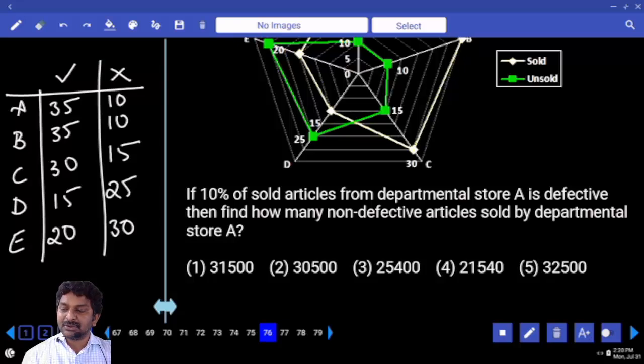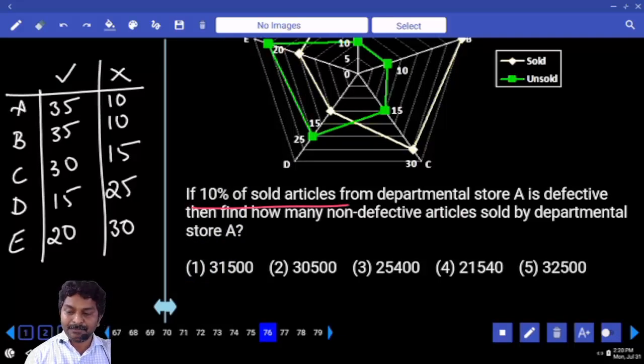Now, if 10% of the sold articles from departmental store A are defective, then find how many non-defective articles are sold by departmental store A. So out of sold items only they are talking about. What percent are defective items? Then what percentage are non-defective?